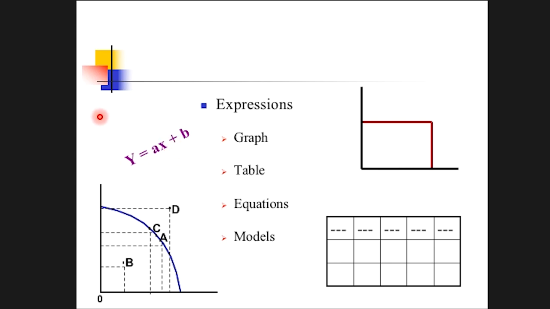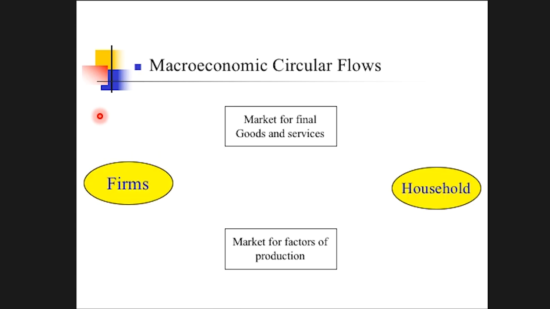Another way to express an economic issue is to use a model. Here is one example of a model: the macroeconomic circular flow. Now please look at this economy. There are two typical agents, firms and households. These two agents interact in the economy in two typical markets: the market for final goods and services and the market for factors of production.